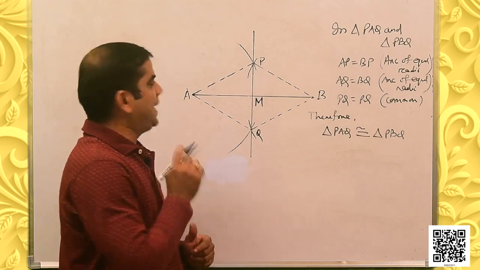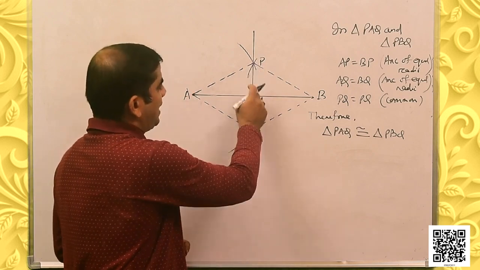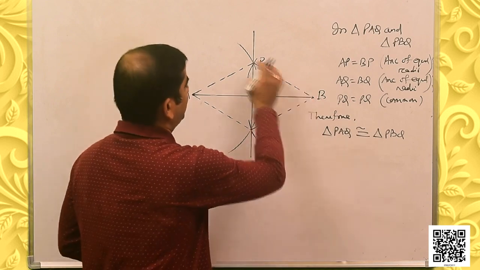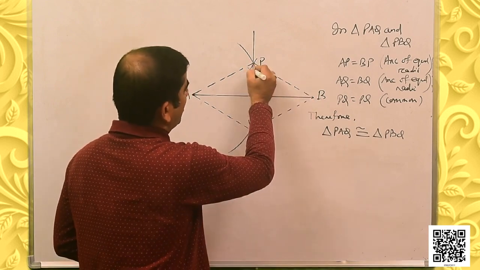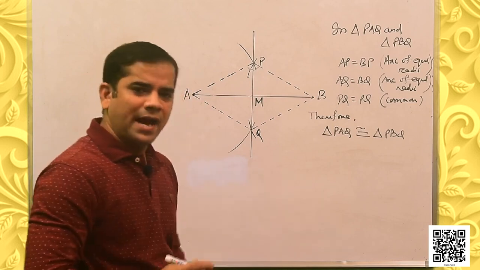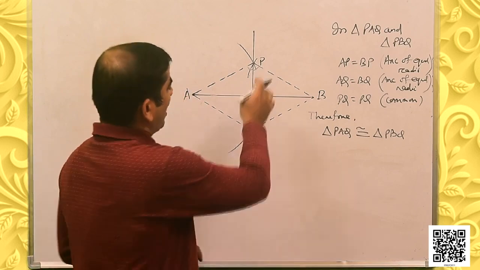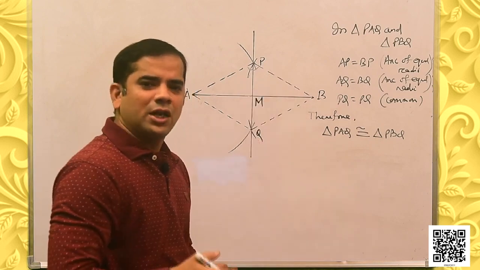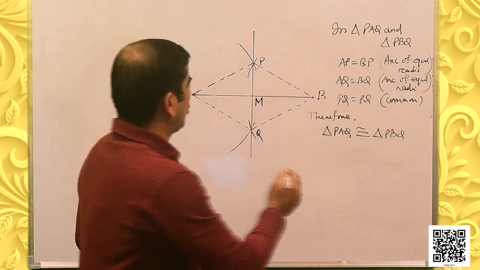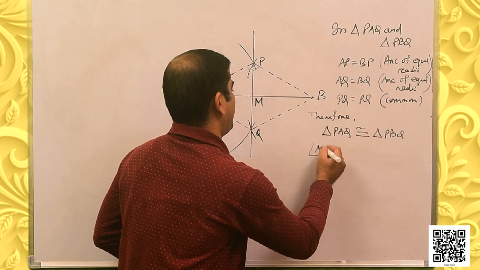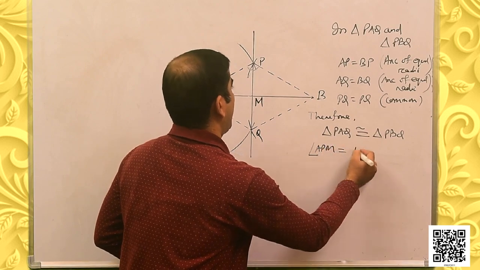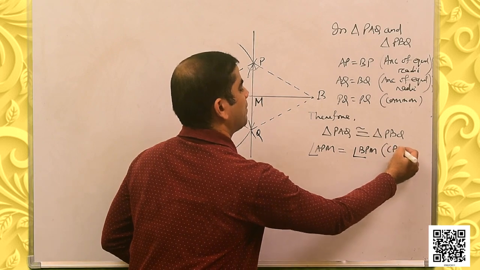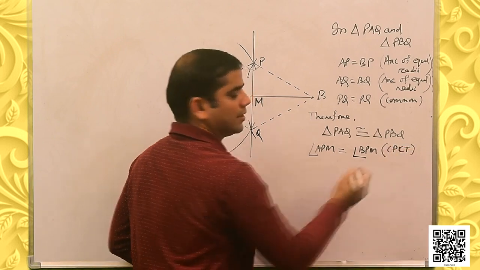Angle APM and angle BPM, they are the corresponding angles, isn't it? So angle APM is equal to angle BPM. Why? Corresponding parts of the congruent triangles.